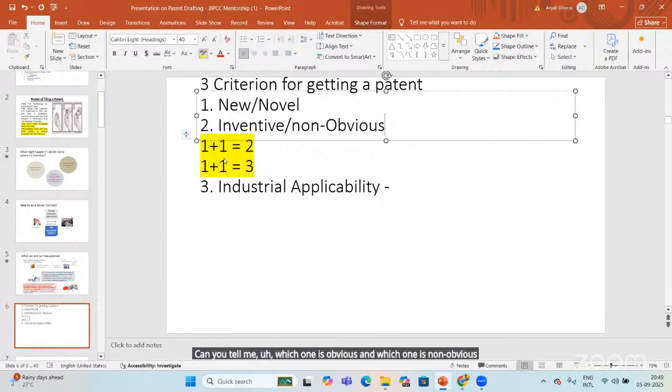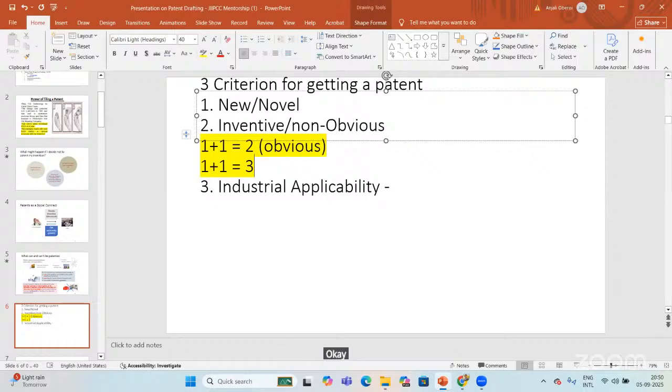So 1 plus 1 equals 2. We can call it obvious or non-obvious? We can call it obvious. Okay. And what about this one? Non-obvious. So is it possible mathematically?